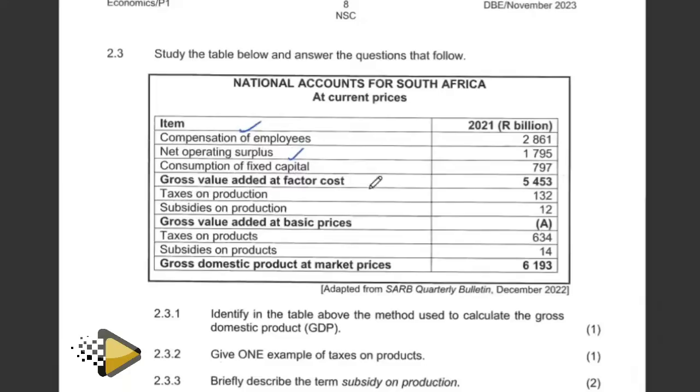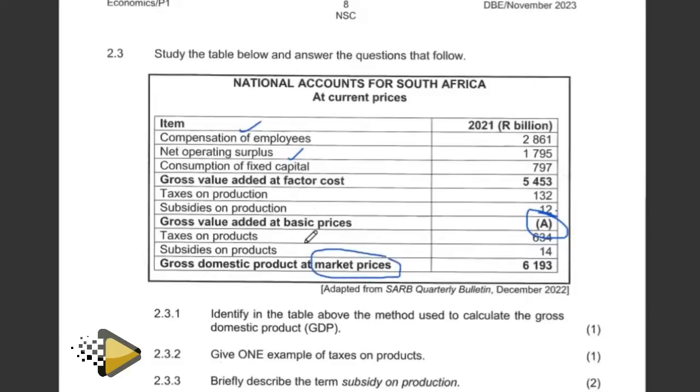We also have gross value added. The figure is there. We have taxes on production and subsidies on production. We have gross value added at basic prices, and that value is unknown. We also have taxes on products, subsidies on products as 14, as well as gross domestic product at market prices. Okay, right.